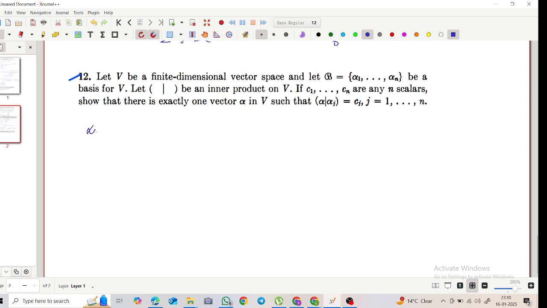So let G be the inner product matrix of this.